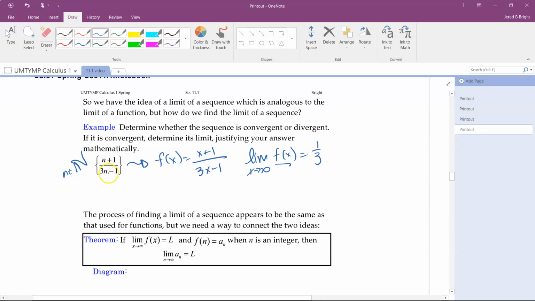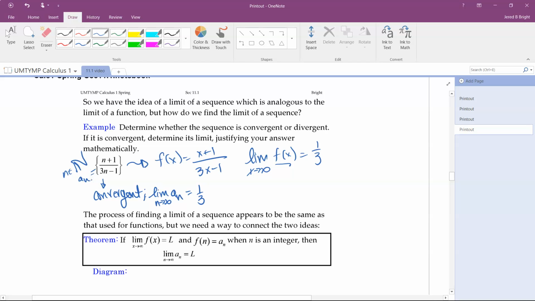So this one ends up being 1/3 for this limit. So this is going to be convergent. And then I'm just going to say the limit of a_n as n goes to infinity is 1/3. And I should probably define that as a_n. Whoops.